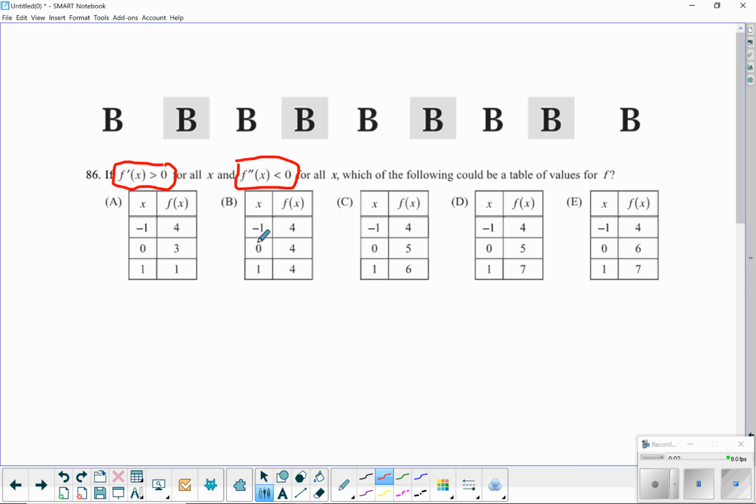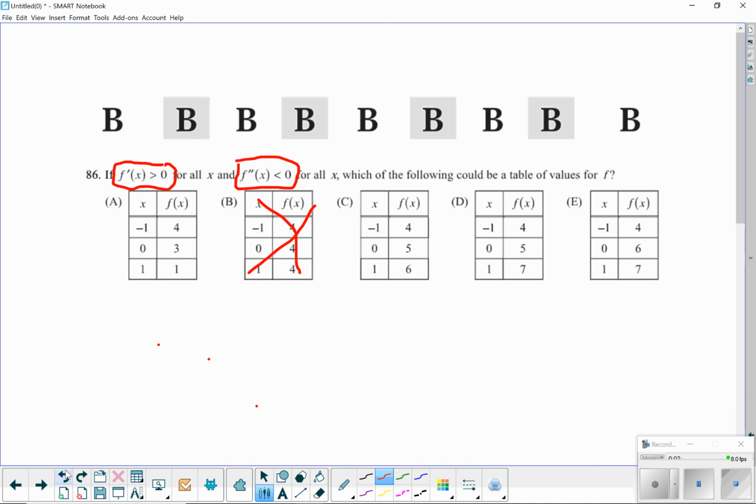And I think we also ruled out that it was not A. Because it's going down, so negative 1 is 4, 0 is 3, 1 is like 1, way down here, right? And we know that the slope should be increasing from this first part right here, right?